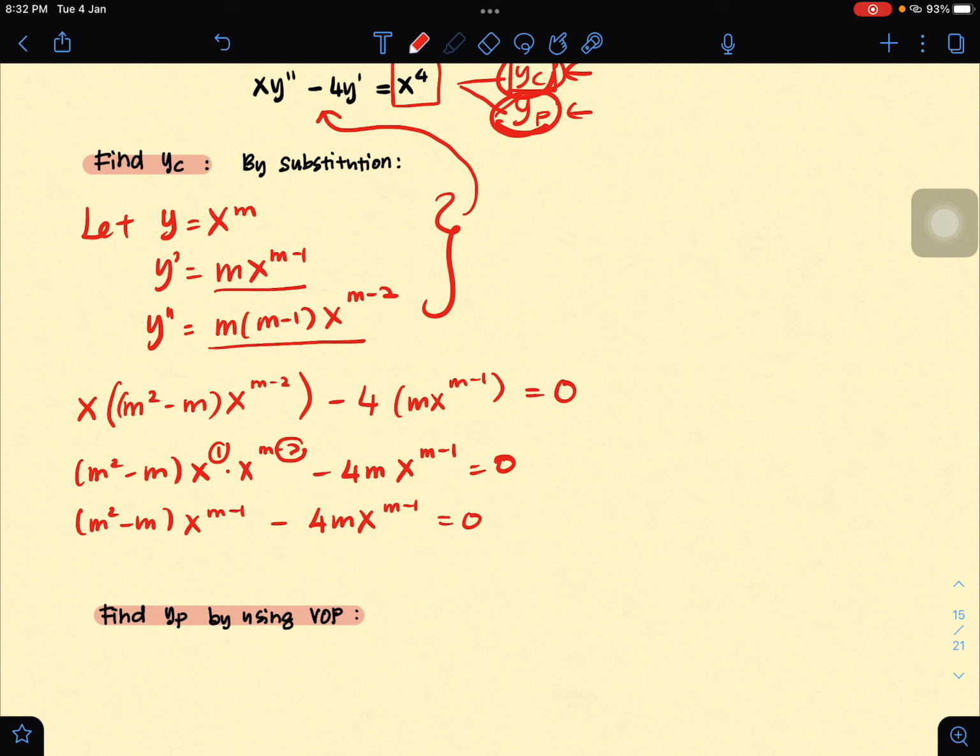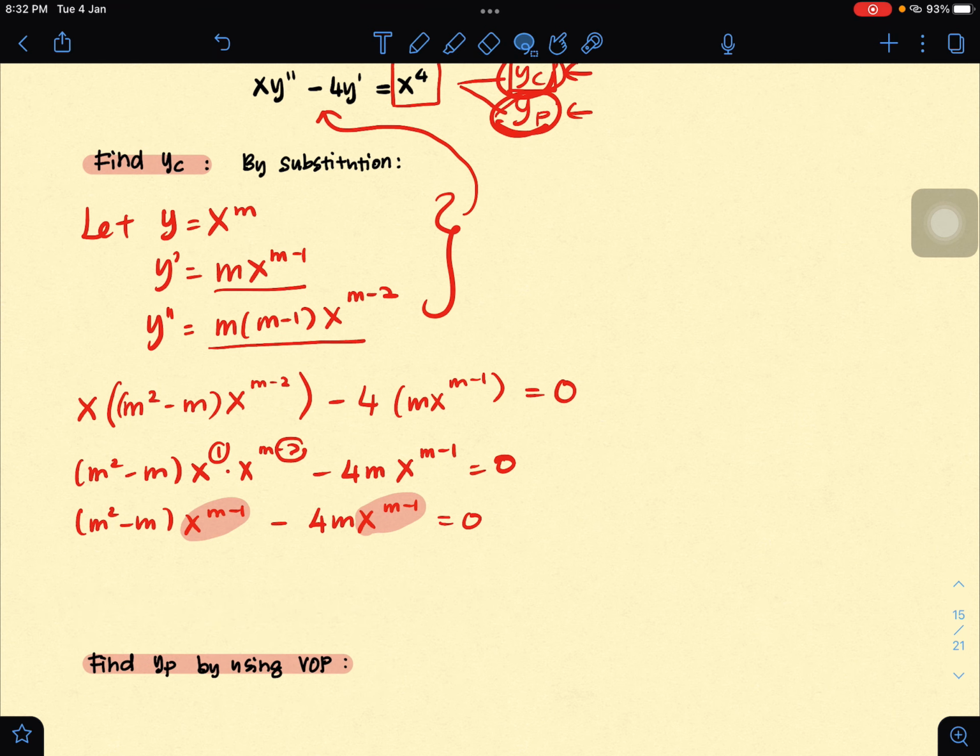You can see you have x to the power of m minus 1 here and also here, means you can factor it out. So you will have x to the power of m minus 1 in the bracket, m square minus m minus 4m equal to 0.